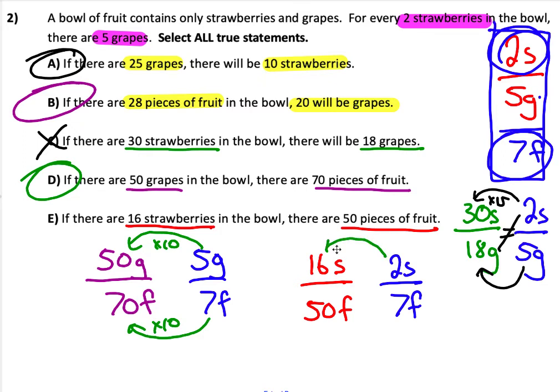To get from 2 to 16, I would have multiplied times 8, but 7 times 8 is not going to give me 50. So this one is not equal. I didn't treat both of them equally. They didn't grow at the same rate, so I would not choose part E. Okay? So I'm just checking each one of those against that starting information.